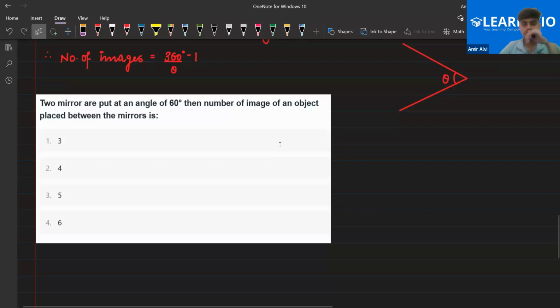Then everyone, check it. Okay, Omer, yeah, that's 5, because 360 by 60 would be 6, minus 1 that would be 5. Very good. Is that clear, all of you?